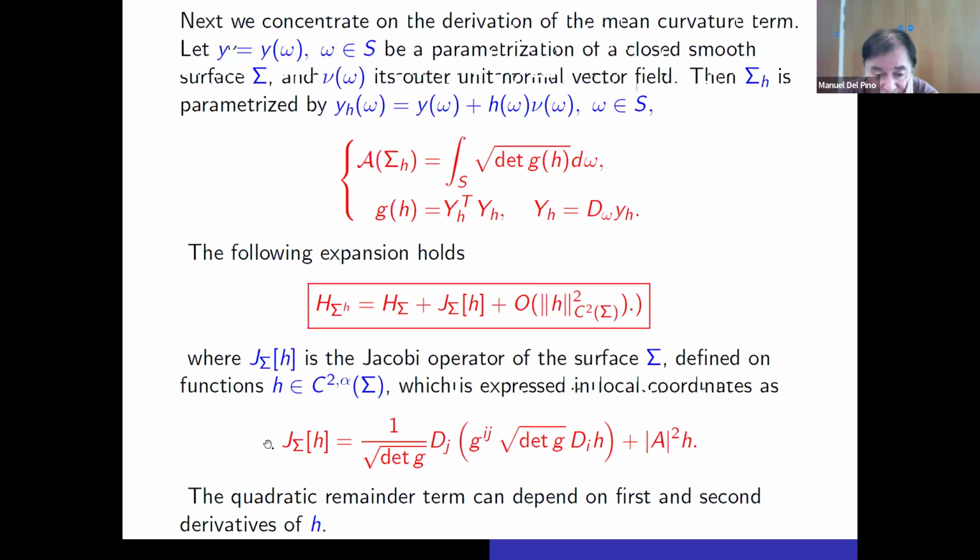This is a standard computation. So this is the Laplace-Beltrami operator applied to h, and then you see this term |A|squared h in addition. And of course you also have quadratic lower order terms here, and these can depend on first and second order derivatives of h as well.